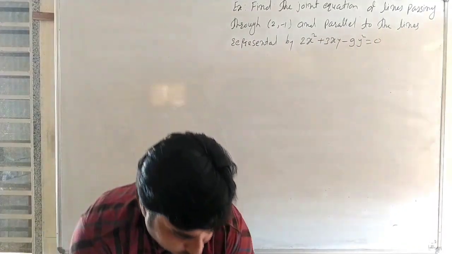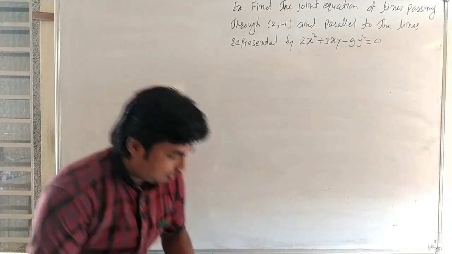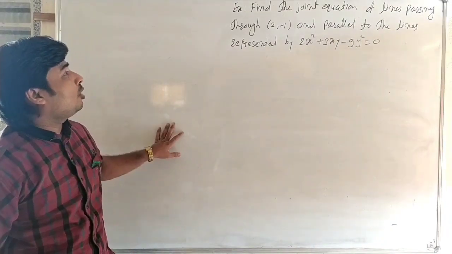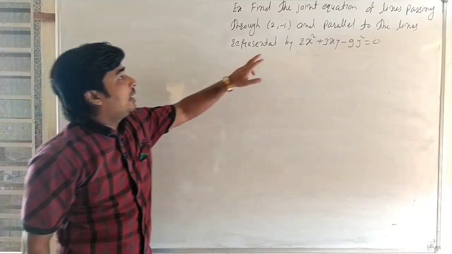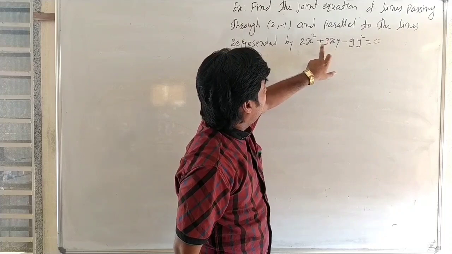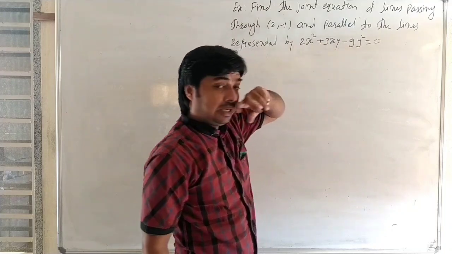Here we want to find the combined equation of lines passing through point (2, minus 1) and parallel to the line 2x square plus 3xy minus 9y square equal to 0.